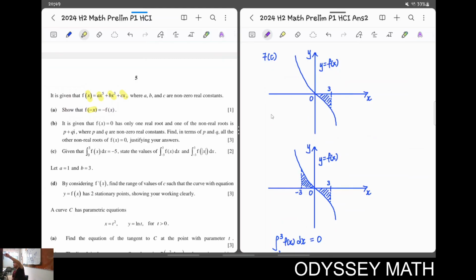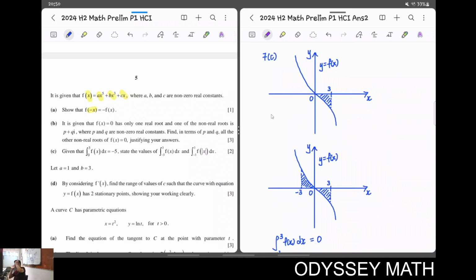that is a valid question. So you can simply let a, b, c be any value in your GC. You can do it now if you want. That's why you should use your GC. When given a function with unknown, you can always let a be 1, b be 1, and c be 1, for example. And you can just plot out anything you want in your GC, so you roughly know the curve, how it looks like.